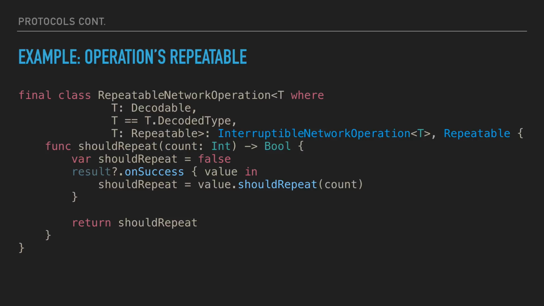This is something that came along much after I had already created the network operation. This is something I didn't know I needed right away. This Repeatable feature was added to the operations library while I was already building my app. So it came up later on, oh, I can add this functionality to the types themselves. And since I'd already defined everything generically, all I needed to do was add a class that had another conformance.